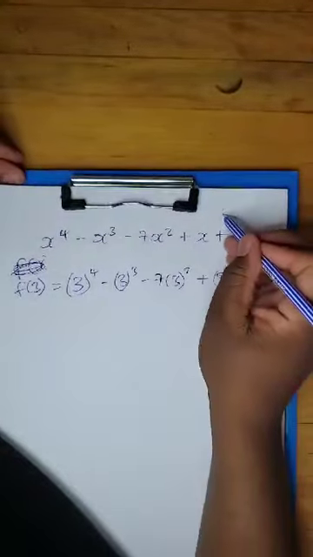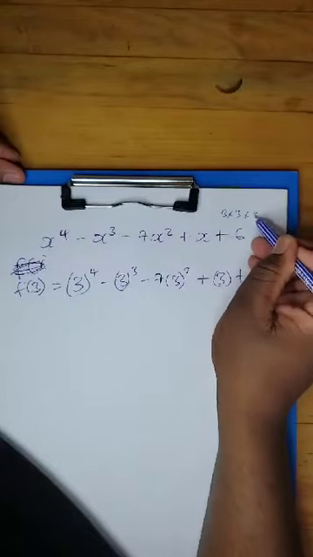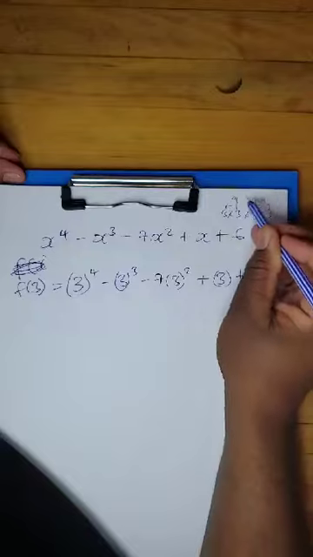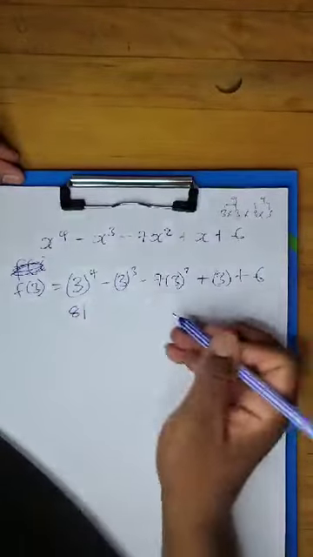So 3 to the power 4 is 3 times 3 times 3 times 3. 3 times 3 gives us 9, 3 times 3 gives us 9, and 9 times 9 is 81.